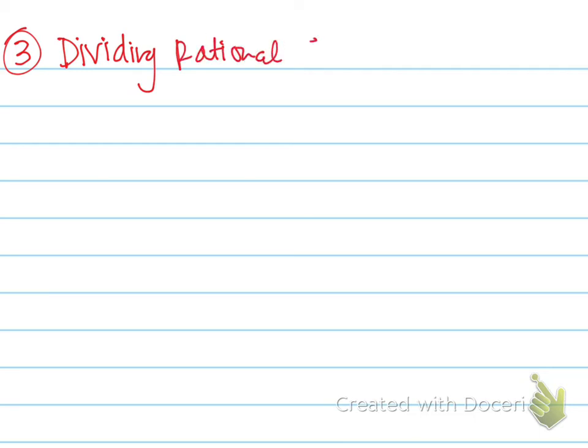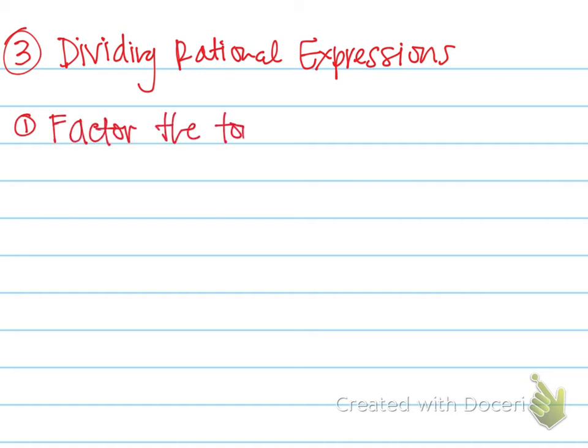Next, we have the third part, and it is dividing rational expressions. The first step is always the same every time, just like the last step is always the same. The first step is to factor the top and bottom, also known as the numerator and the denominator.